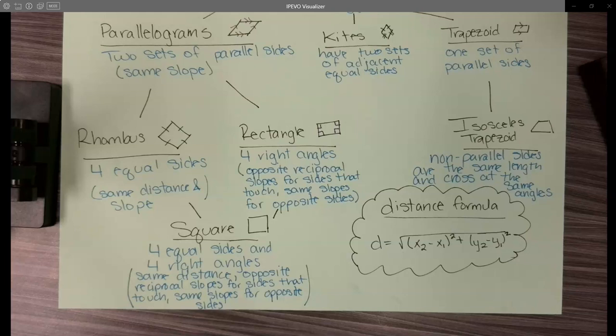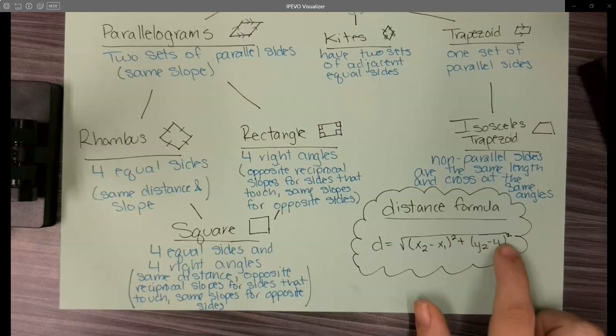And then when I wrote down the distance formula earlier, I forgot that the last parenthesis needs to be squared. So make sure you have a 2 up there as well.